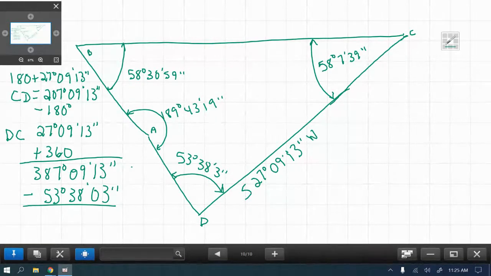I'm going to subtract that 53 degrees, 38 minutes, and 03 seconds. Now solve this on some of your papers.